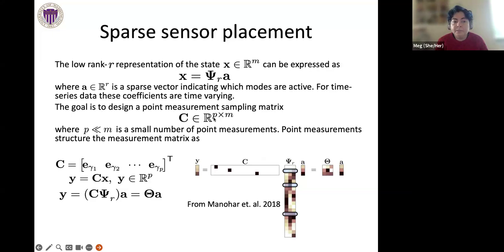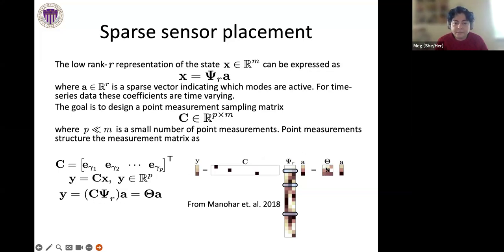The point measurement structure, the measurement matrix C, is as this, where gamma indicates where the sensor is placed and the rest of the entries are zero in the columns of C. So we find our measurement Y by applying C to X, that is applying C to Phi r times A.